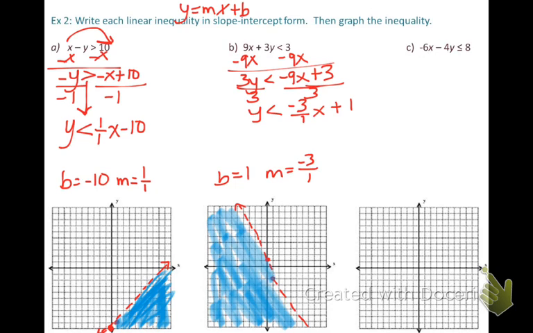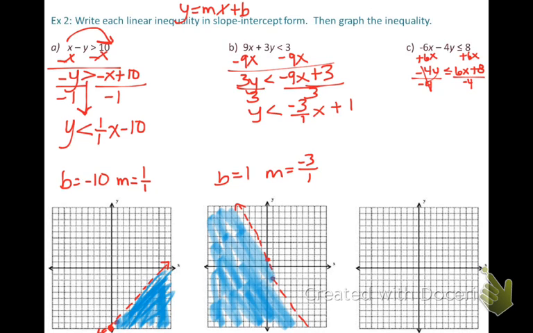All right, again, the x is attached to the y, so I need to bring it over. So I'm going to add 6x to both sides this time. So it's negative 4y is less than or equal to 6x plus 8. Notice I'm always putting the x first because y equals mx plus b. That's why you do that. Then I'm going to divide by negative 4 to everything.